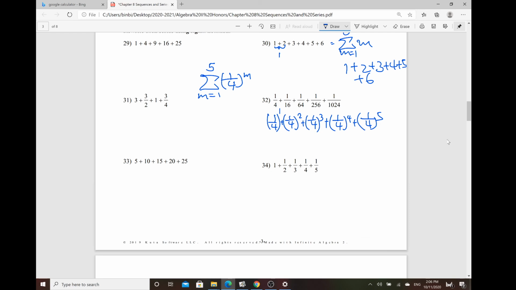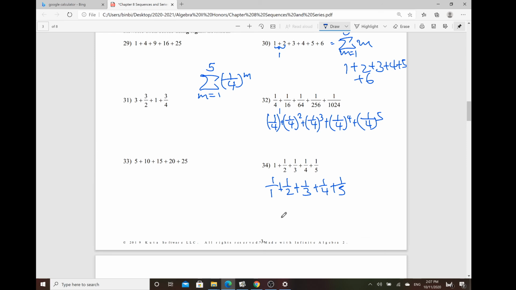And now let's try the next one. This one is 1 plus 1/2 plus 1 over 3 plus 1 over 4 plus 1 over 5. So what happens if I put it this way: 1 over 1 plus 1 over 2 plus 1 over 3 plus 1 over 4. Everything else I just rewrite, but the first one consists of 1 and 1, so 1 over 1.